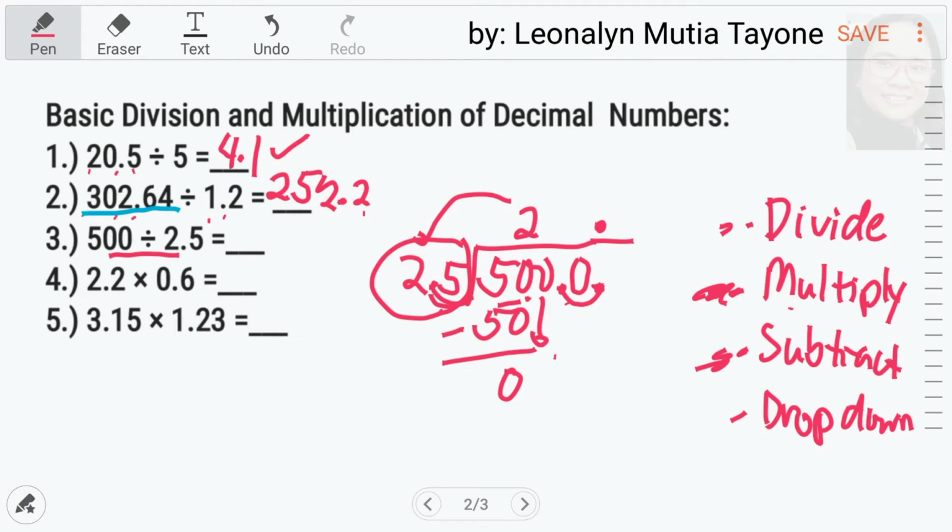Mag-drop down ka ng 0. Lahat naman sila, 0 na lahat. So, kopyahin mo na lang itong mga 0 dito until meron ka ng decimal dito. Nandito yung decimal mo. Meron ka pang dalawang space dito, so yan yung lagyan mo ng 0. So, ang sagot dito ay 200. 500 divided by 2.5, the answer here is 200.